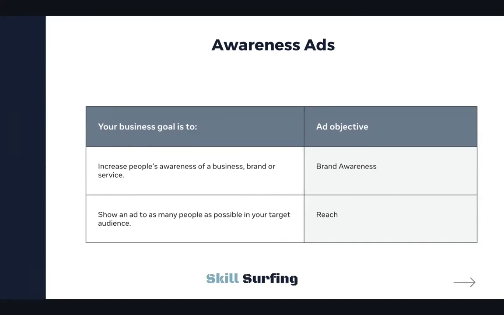Reach is also related to brand awareness. To create brand awareness, you need to have targeted a big amount of your population. You can have brand awareness on an individual or small group level, but as you grow as a business, you want a more global brand awareness.